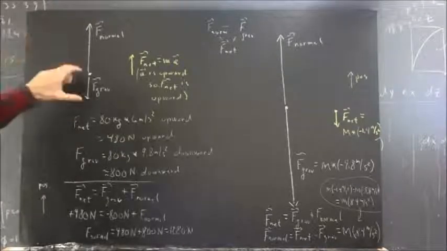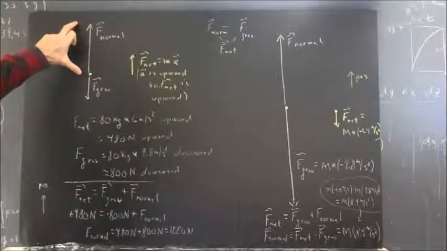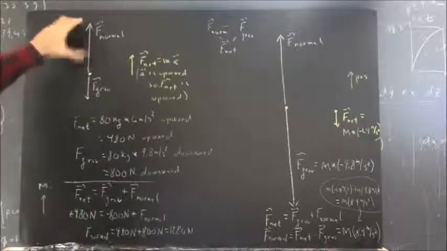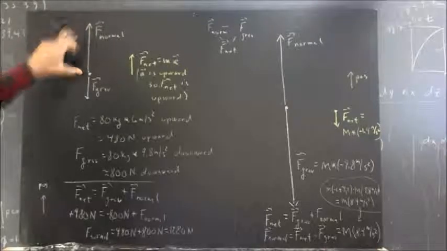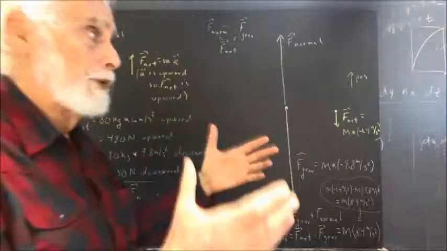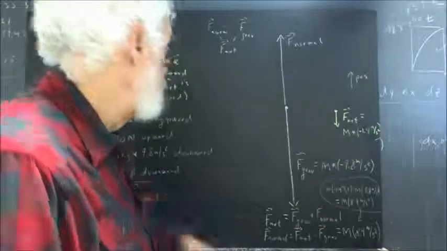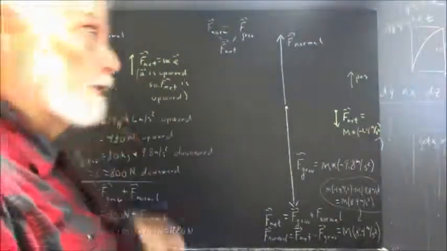So we're going to have a gravitational force down, a normal force upward, and since the jumper is accelerating upward, the normal force has to be greater than the gravitational force. Remember, when the jumper is standing on the floor, the floor exerts a force equal and opposite to the gravitational force.